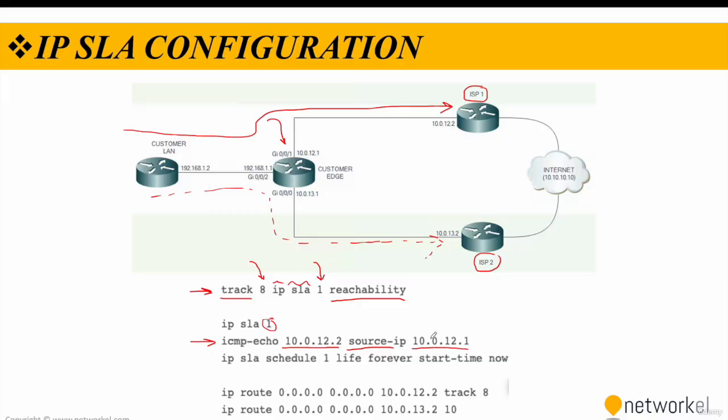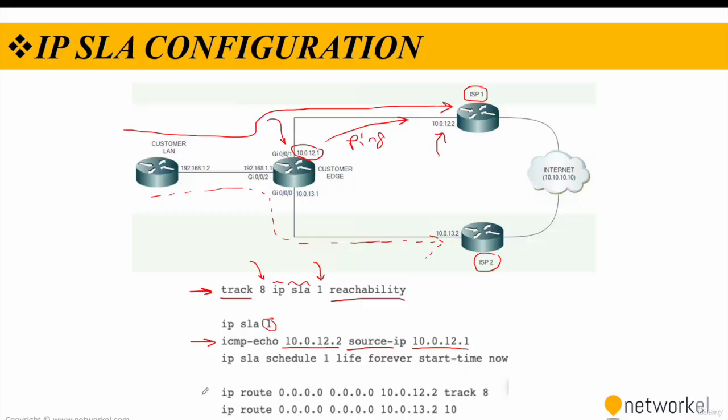So what happens here is that I am checking the reachability to 10.0.12.2. How am I doing it? I am sending ping packets from this interface of this router, just sending ping packets. And then I'm giving a schedule here, which is not really a big deal.